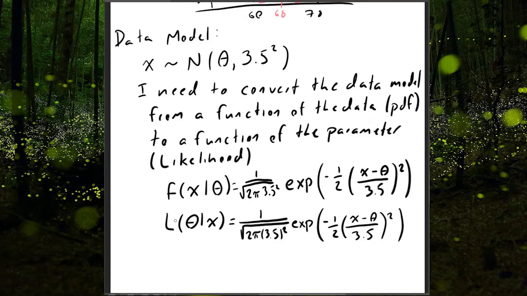And usually I'll have a random sample, and so I'll be taking a bunch of these, assuming that my random sample is a bunch of independent observations. I'll be taking a bunch of these PDF guys, multiplying them all together, and then that multiplied version is going to be the joint distribution, the joint PDF for all of the x's. And then my likelihood for theta given all of the x's is again going to be the same thing. So it's just going to be all of the individual guys multiplied up.